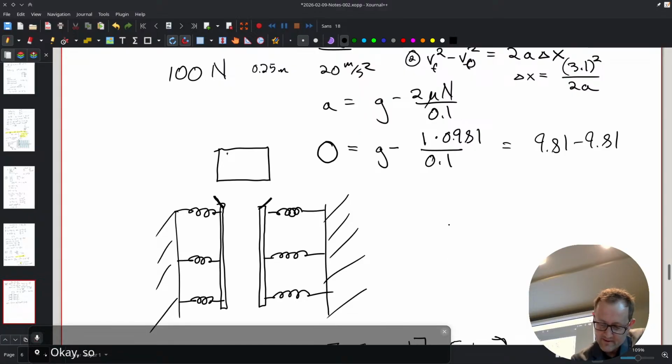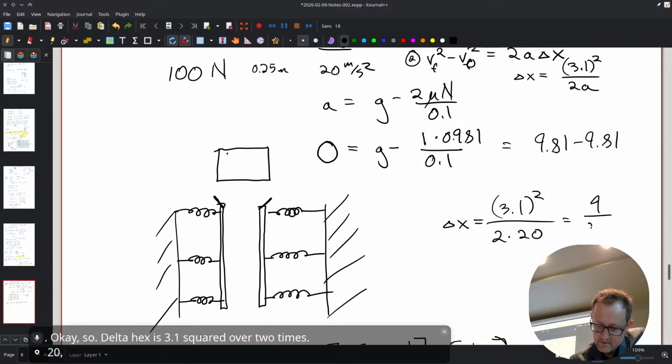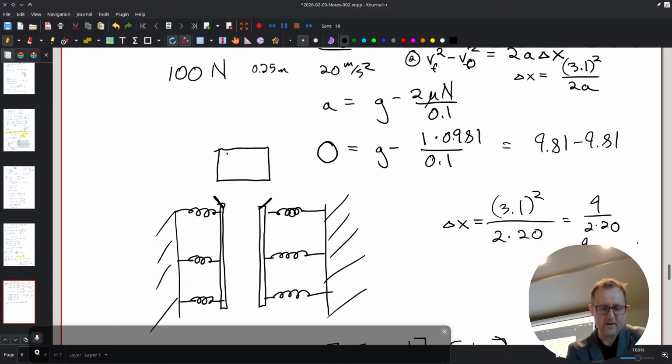Okay, so delta x is 3.1 squared over 2 times 20. 9 over 2 times 20. What's 9/40?